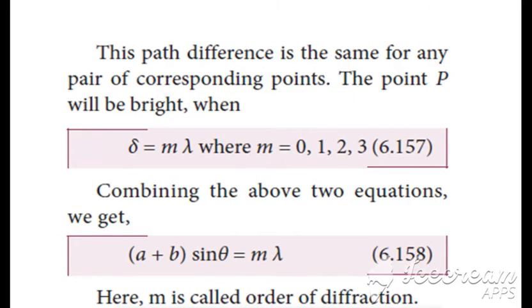First condition is zero order, where m takes the value of 0. Next is first order, where m takes the value of 1, then second order, and it goes on. Substituting those values, zero order means a plus b into sine theta is equal to 0.